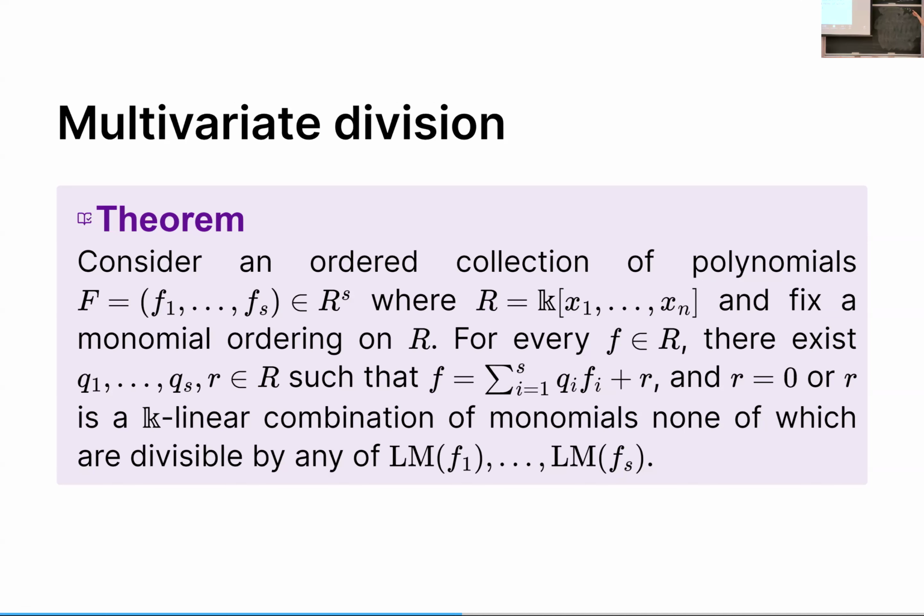So once again, is this divisible by y squared? No, it's not. So I go to the next. Is it divisible by the leading term xy? It is this time. I have a quotient. Oh, I need to switch again. I have a quotient here, minus 1, right?